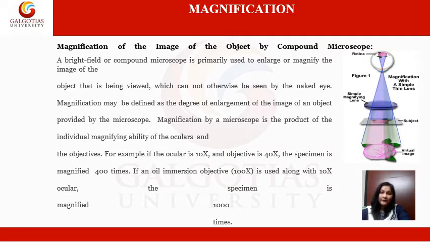Because if you use a single hand lens to magnify an image, the single hand lens can also be considered as a microscope, but not as a compound microscope, because the compound microscope is a basic type of microscope in which we have used two or more than two lenses to magnify the image of the object.